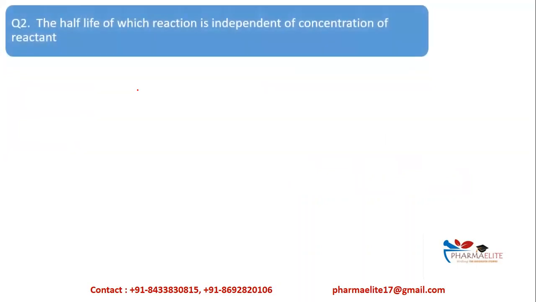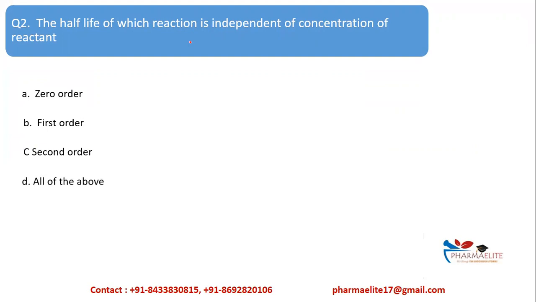Next question. The half-life of which reaction is independent of concentration of reactant? We are asked half-life which is independent of concentration. Also, there is another question wherein the rate is independent of concentration. That is a different question. So here, the options are zero order, first order, second order, and all of the above.